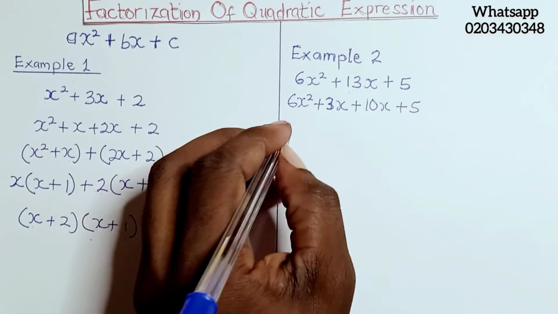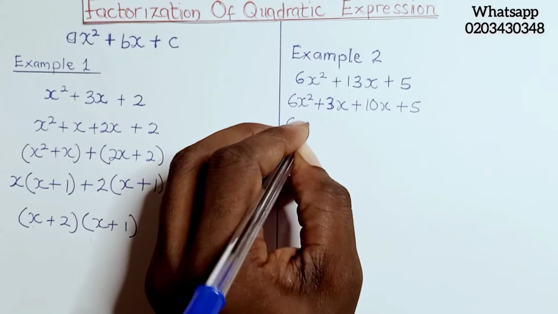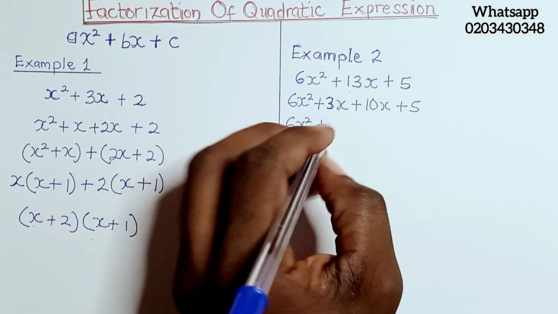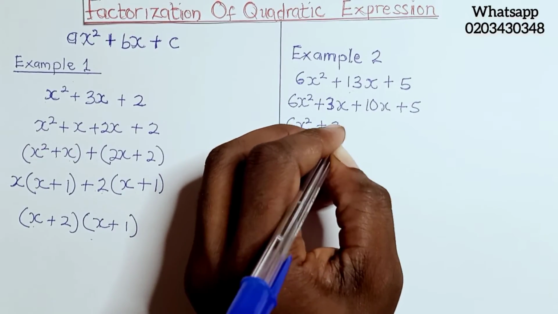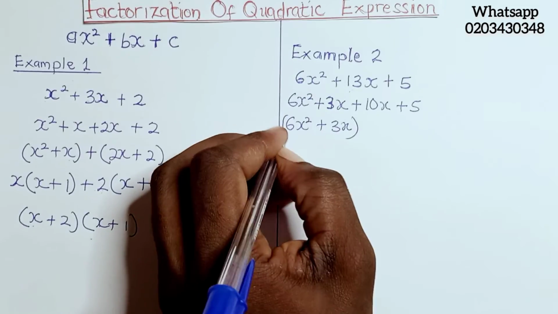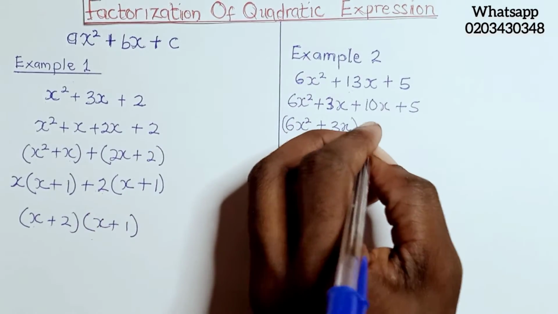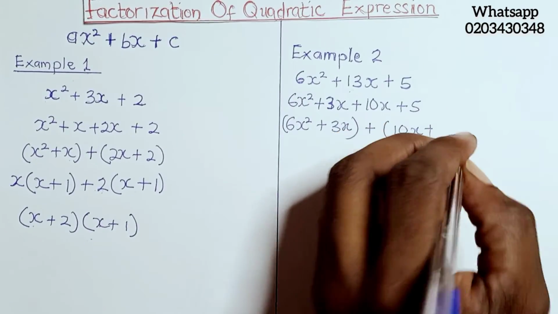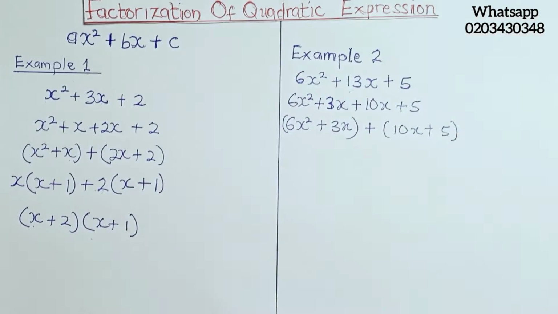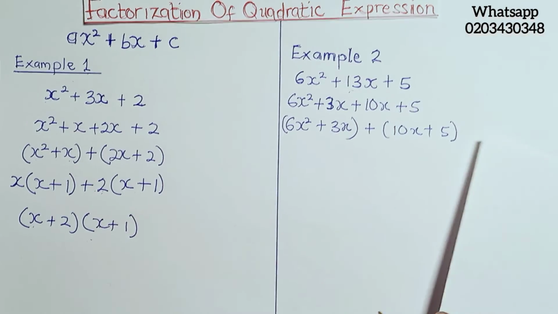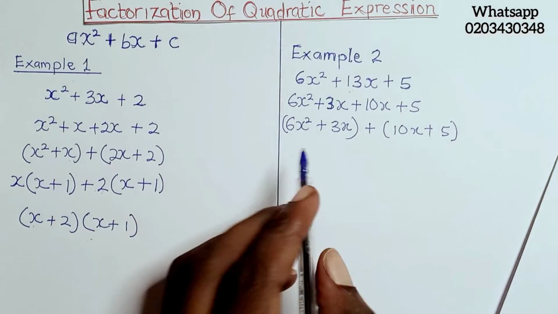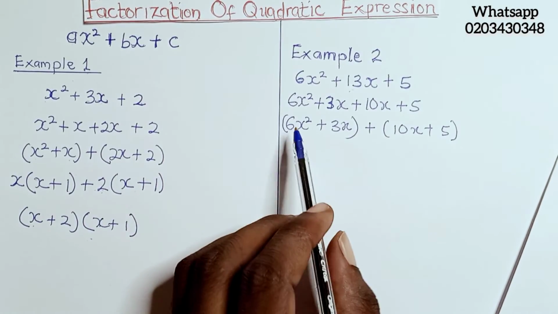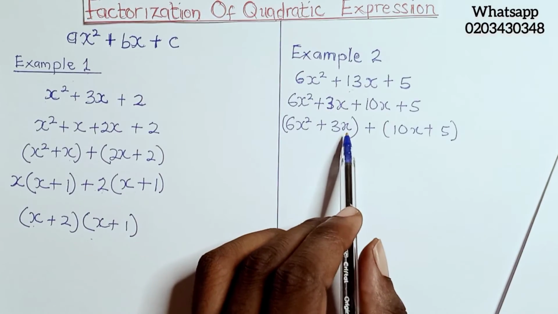So now we'll put them into brackets. So 6x squared plus 3x in one bracket, plus bracket open 10x plus 5 in another bracket. So now we are going to factorize the common terms outside. With the first bracket, we have 6x squared plus 3x.